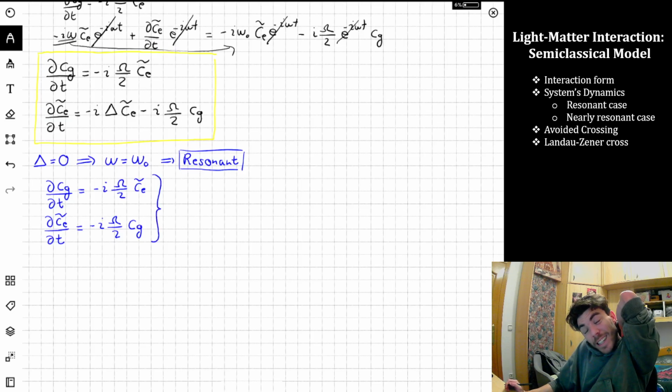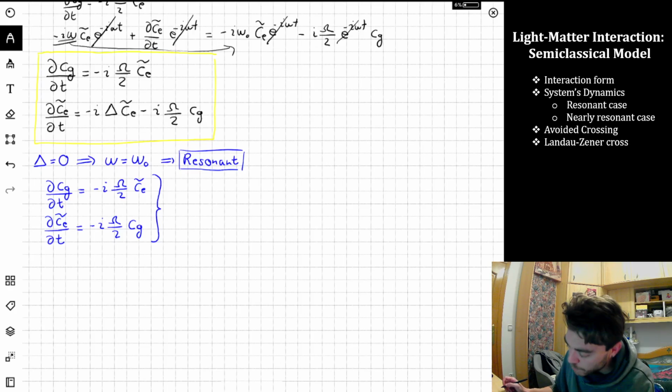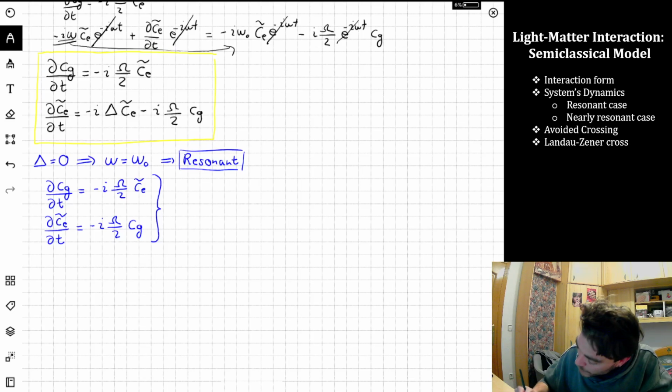So these are screaming to you already that they are going to oscillate in time because of their symmetry and because a derivative with respect to time that has an imaginary part is probably an exponential with an imaginary part, which is a sinusoidal type of function. But in any case, we can just show that it is by differentiating again.